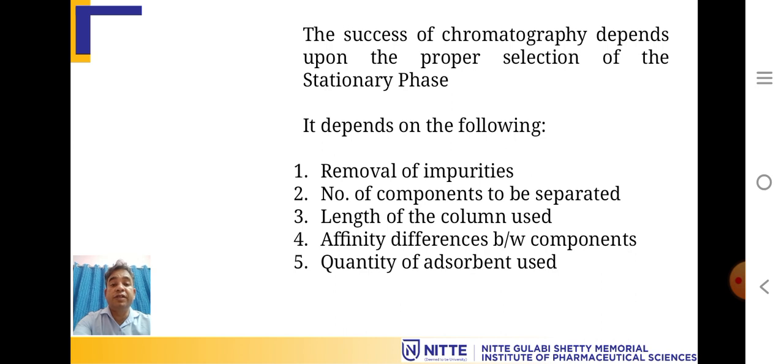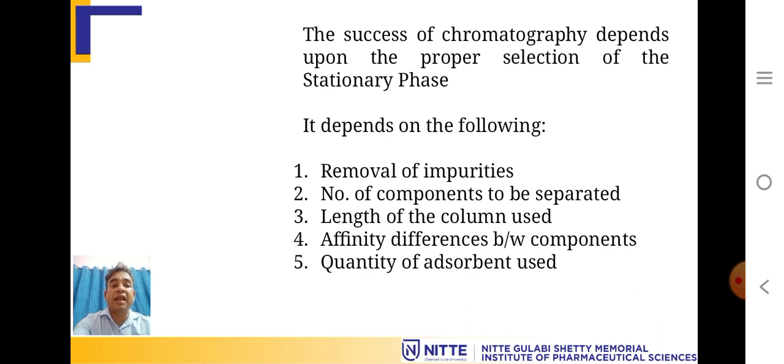We must take care in a similar fashion when choosing the mobile phase, but that we will discuss when we talk about gradient and isocratic. The success of chromatography and the selection help in the following parameters: removal of impurities, number of compounds to be separated, length of the column to be used, affinity between the two components, and quality of adsorbent.